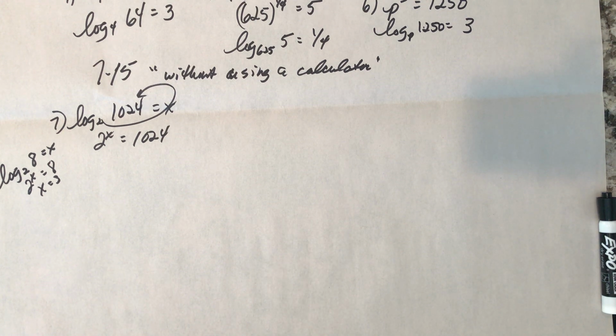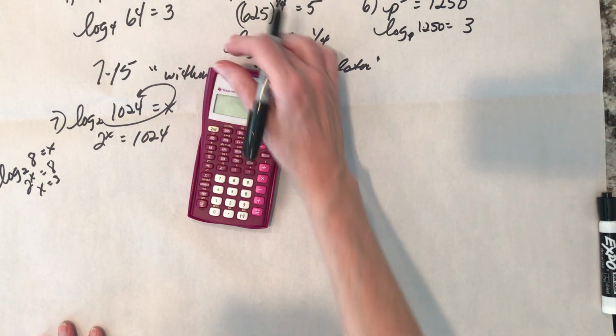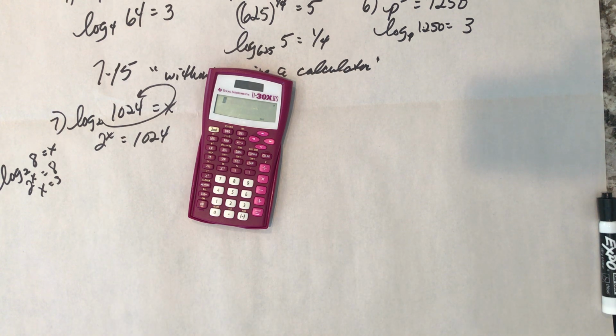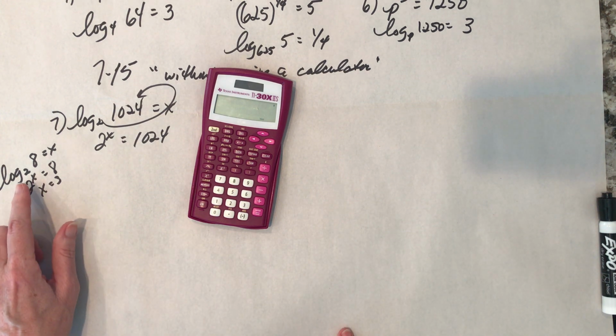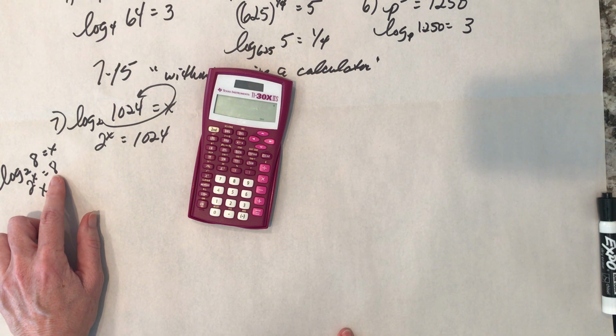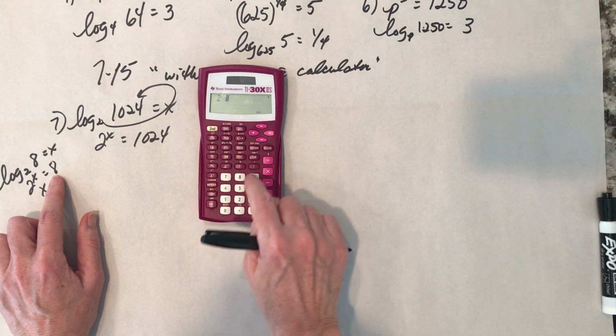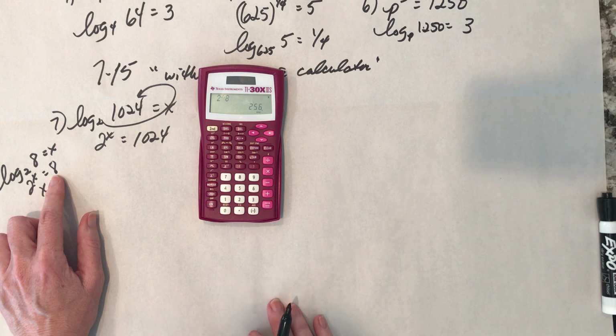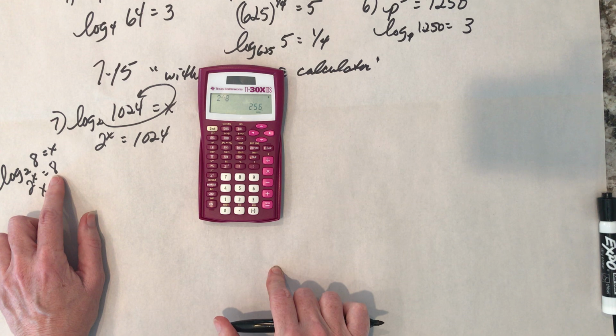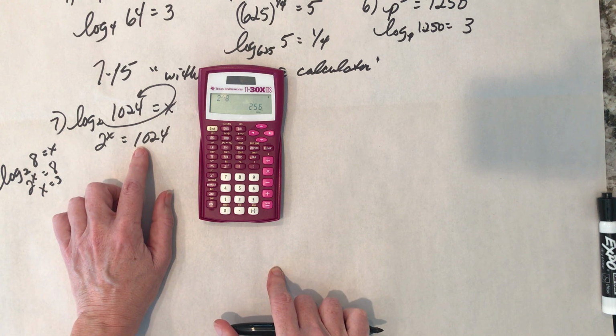So let's use our calculators. If you have a guess, 2 to the third is 8, so we can tell it's going to need to be a lot bigger. So let's try 2 to the 8th and see what happens. That's only 256. If we double that, that would be 2 to the 9th, and that would give us 500 and some change. And then we go up again. 2 to the 10th would give us 1,000 and some change.